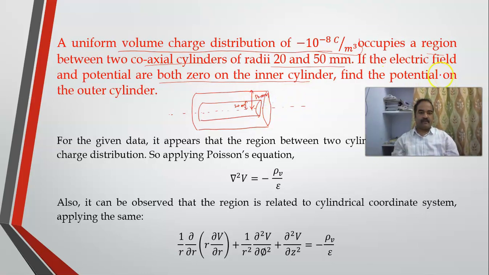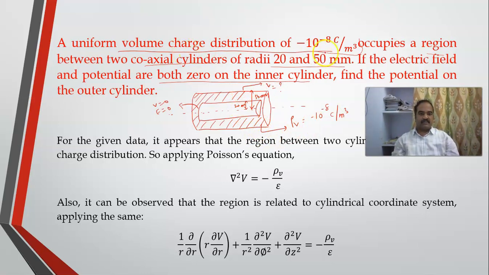Now, he says that on the inner cylinder V is 0 and E is 0, and that there is a volume charge distribution in the region between these two cylinders, rho V equal to minus 10 to the power of minus 8 coulomb per meter cube, and he wants to determine the potential on the outer cylinder. This is what the question states.